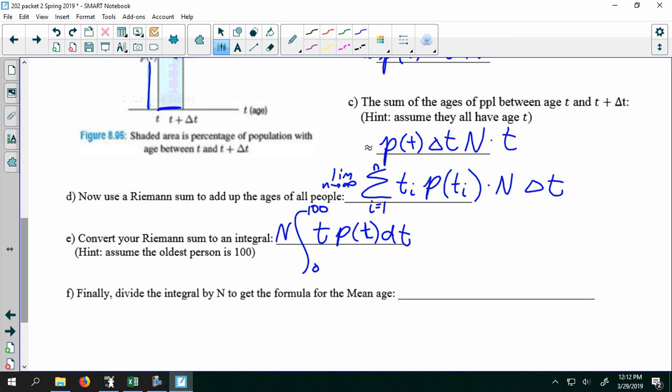And then finally, we divide that integral by N because I have now added up the ages, the numbers, and now I have to divide. I've added up all the numbers, divide by the number of numbers, N. So if I divide by N, it just cancels with the N out in front, and this becomes the integral from 0 to 100 of t times p of t dt.